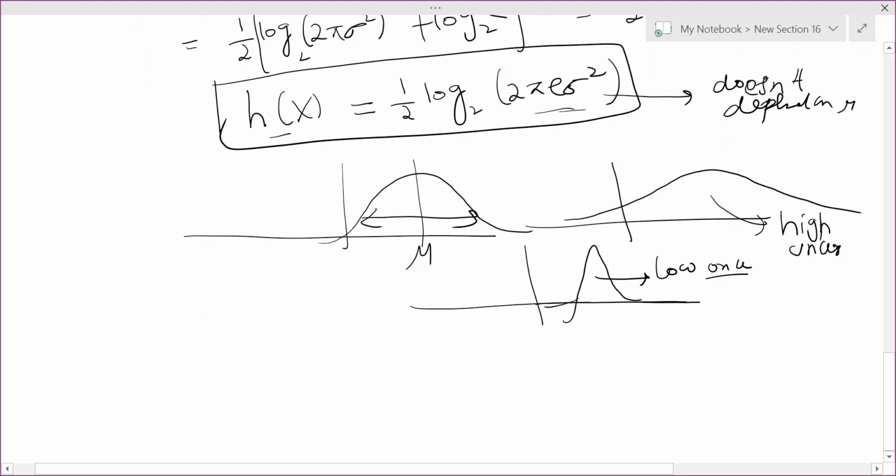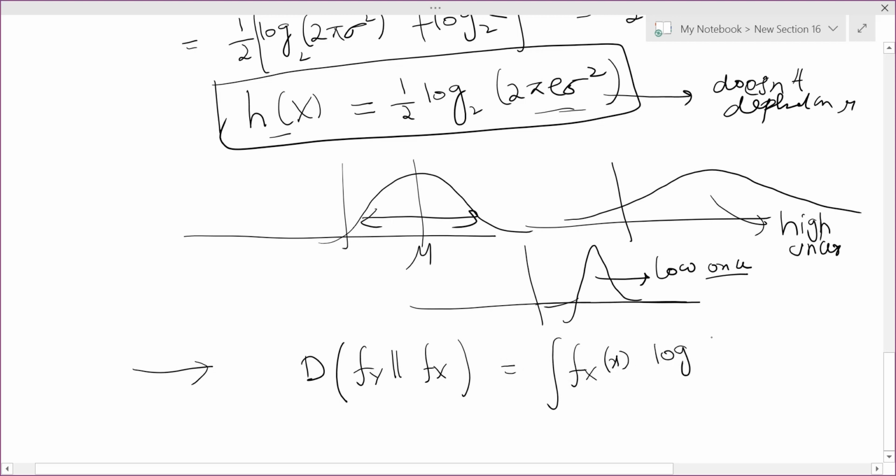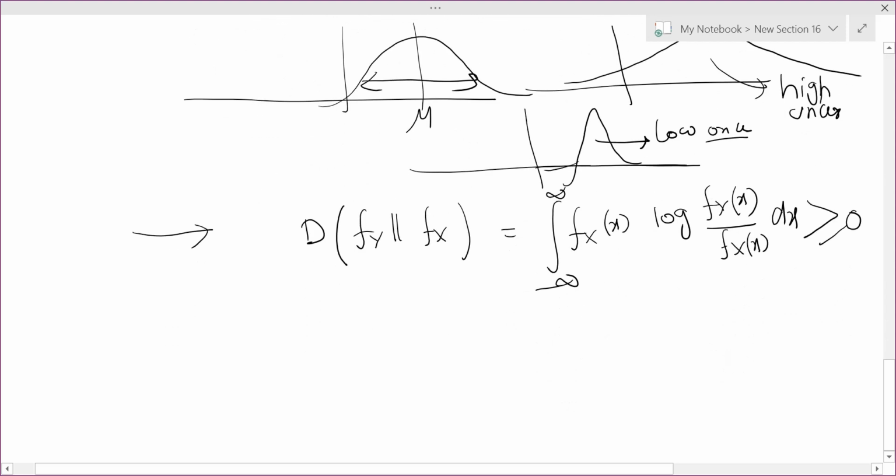Okay, so we have found the differential entropy for the Gaussian distribution. Now coming back to this, D of fy and fx, which is defined as the integral of fx of x log of fy of x divided by fx of x dx, and we know that it is greater than or equal to 0. Now we will do one thing.